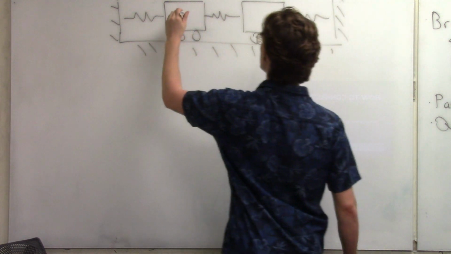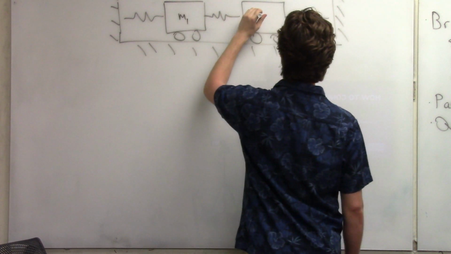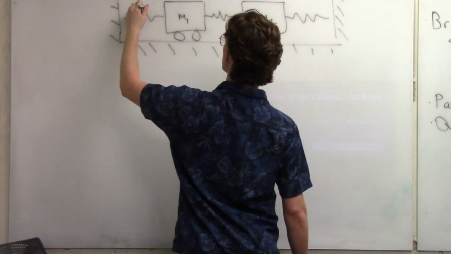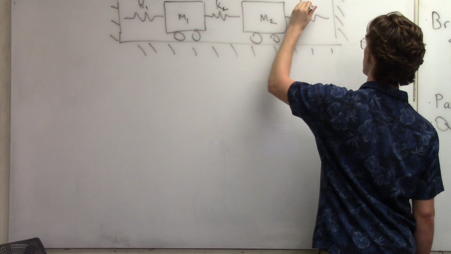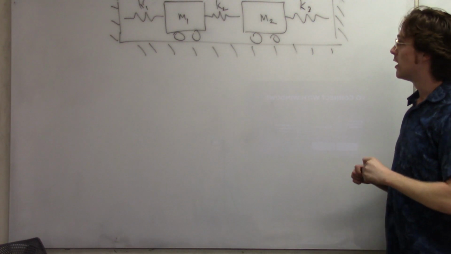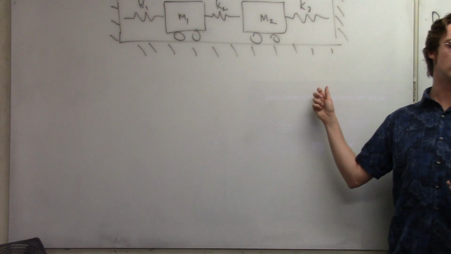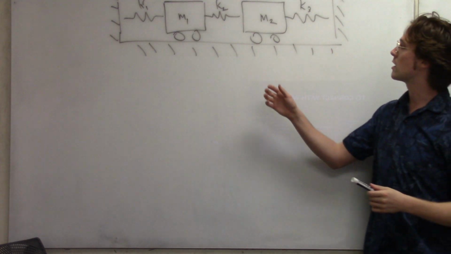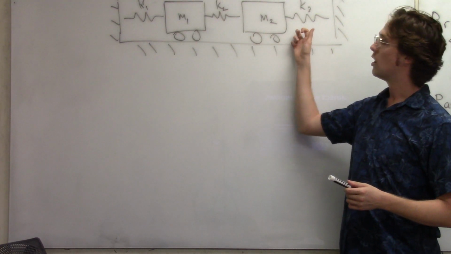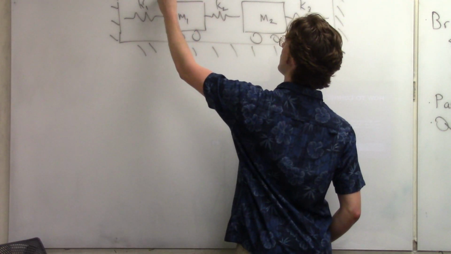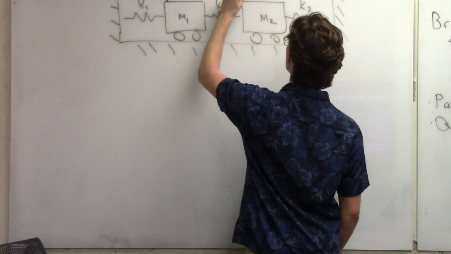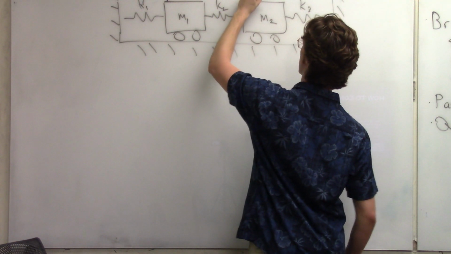So this is M1, this is M2, this is K1, this is K2, and this is K3. We would call this a 2-DOF system because there are 2 unknowns you need to solve for: the position of mass 1, which is x1, and mass 2, which is x2.